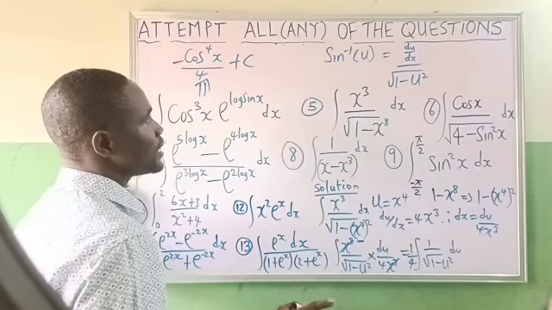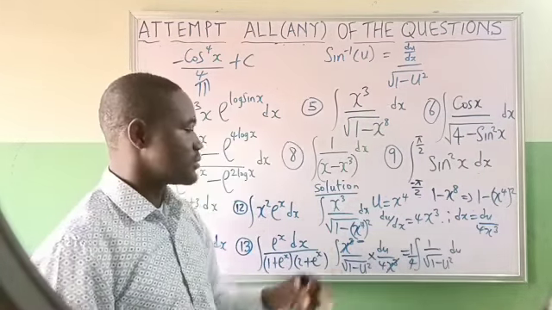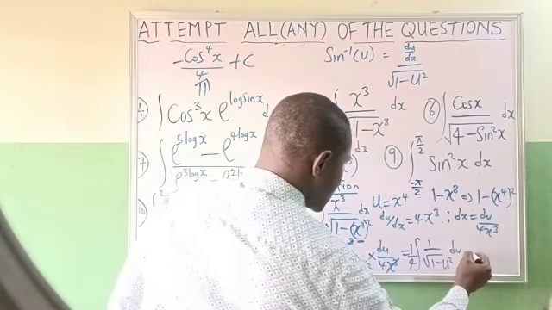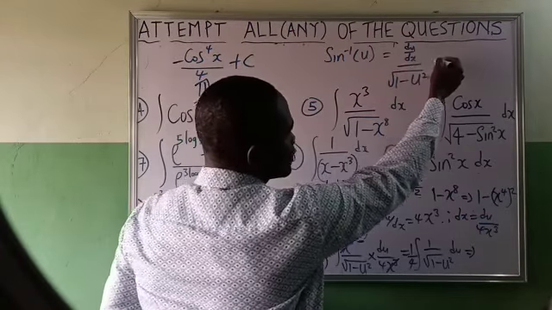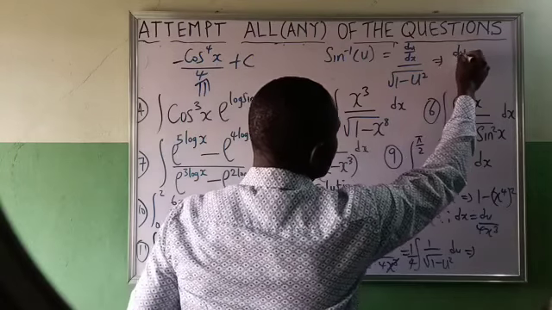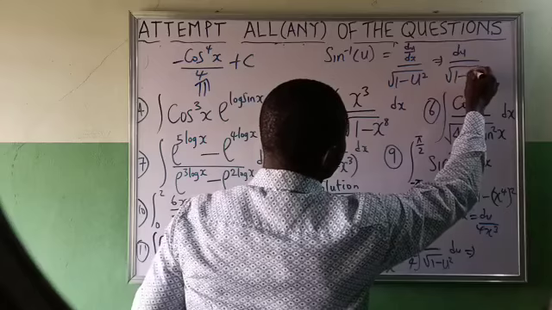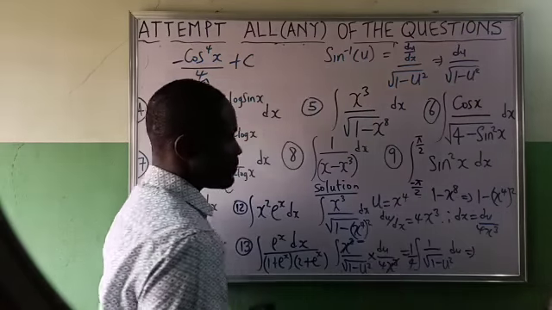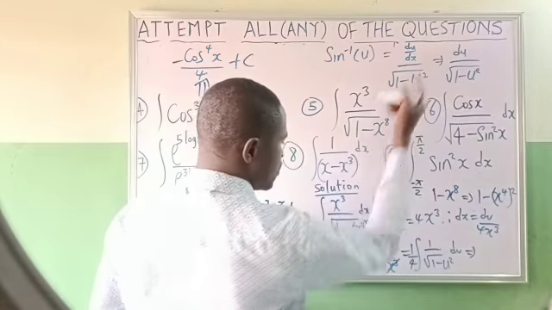Now, because of that, I will say that this will be this. So if I integrate, this is like saying du all over square root of 1 minus u squared. They are the same. So it now means, because du times 1 will give you du.